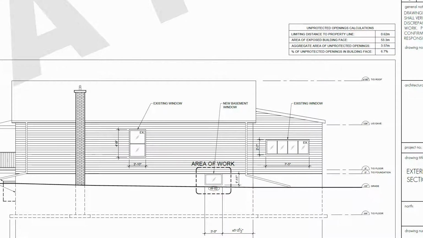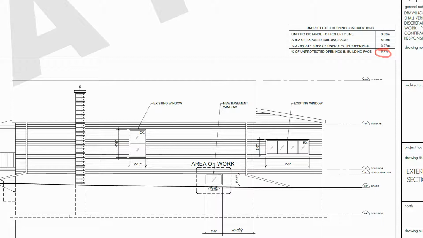If you were 1.2 meters away from the property line, this would be totally fine. Given the nature of everything, we had to be under 7% of this side of the building can be windows. So given that size and the existing windows, we'd actually be under that, but the problem is we're just too close again to that property line. So it's not a matter of the size of the window, it's really just a matter of being too close to that property line for that window.